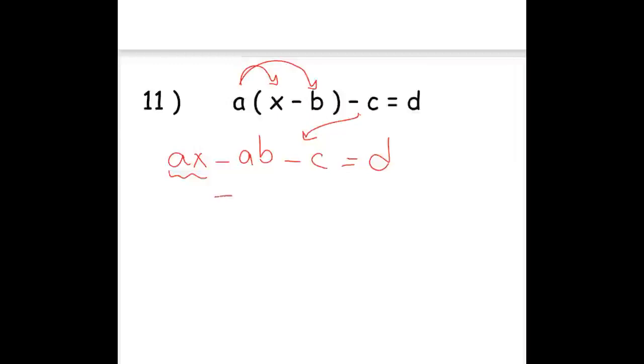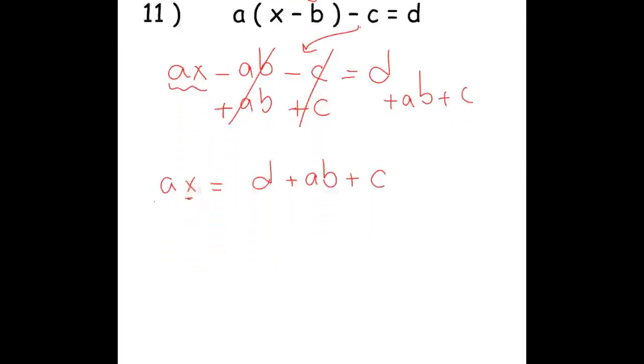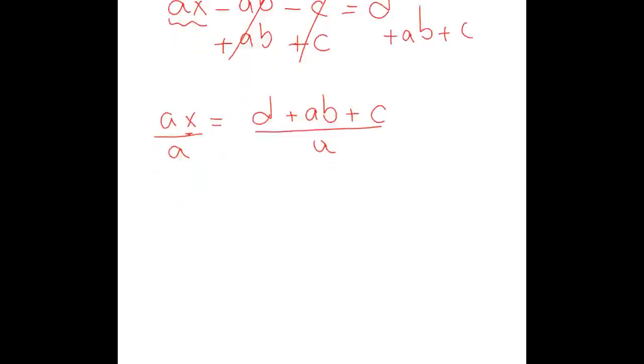So I can add here ab and also plus c together. So this will go with this and this will go with this, and don't forget to add them in the other side. So ax will be equal to d plus ab plus c. Then I want x alone, so I will divide by a. So x will be equal to d plus ab plus c over a.